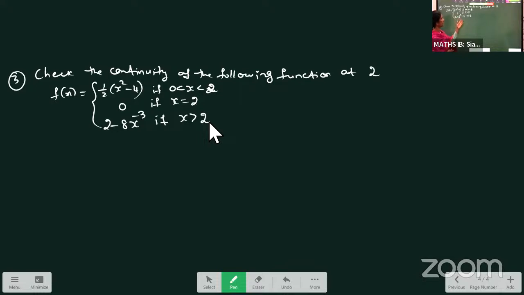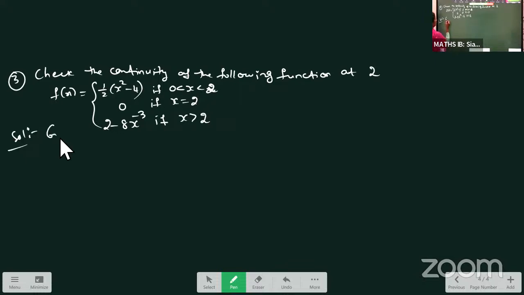So if you observe, x value less than 2 is there, x value is equals to 2 is there, x value greater than 2 is there. When you have less than and greater than kind of question, we have to use left hand limit and right hand limit concept here. The solution goes like this.